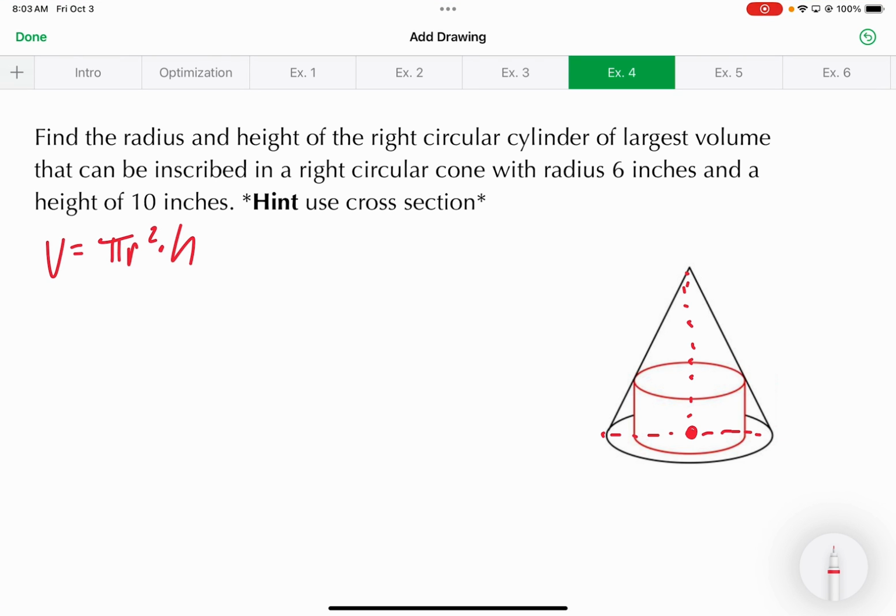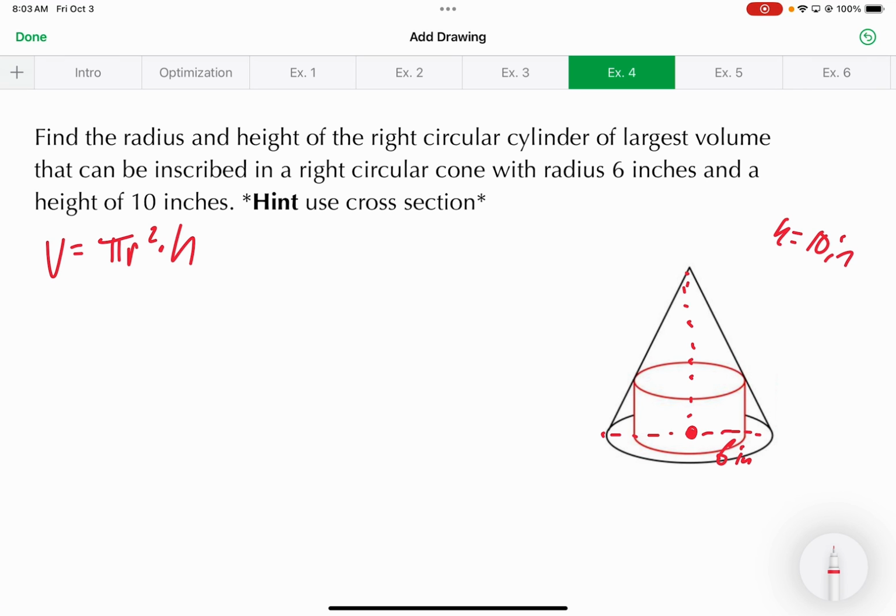Okay. And it's inscribed inside of a right circular cone with a radius of 6 inches and a height of 10 inches. So of this cone, we've got radius of 6 inches, and my height is going to be 10 inches, and that's the height of my cone.